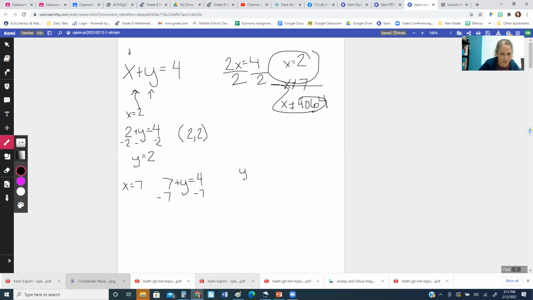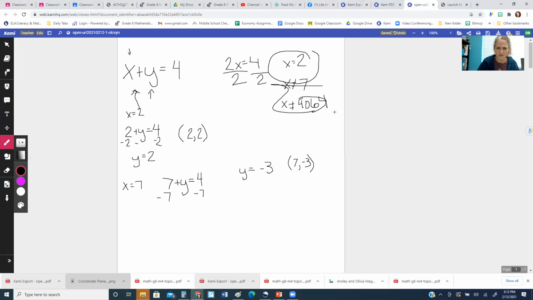Ooh, it's a negative number. Is that okay? Sure, it's okay. Negative numbers are numbers too. So 4 minus 7 is negative 3. So does this work? If x is 7, then 7 plus negative 3 is 4. Yes, it works. Is this a solution? Yes, it's a solution. Wait, whoa. So we have more than one solution: 7, negative 3.